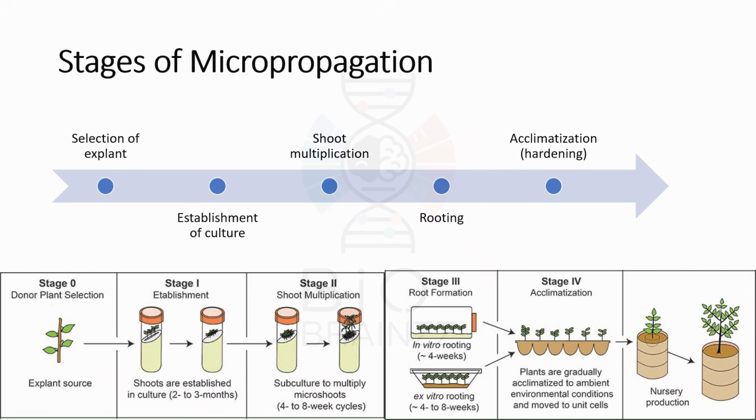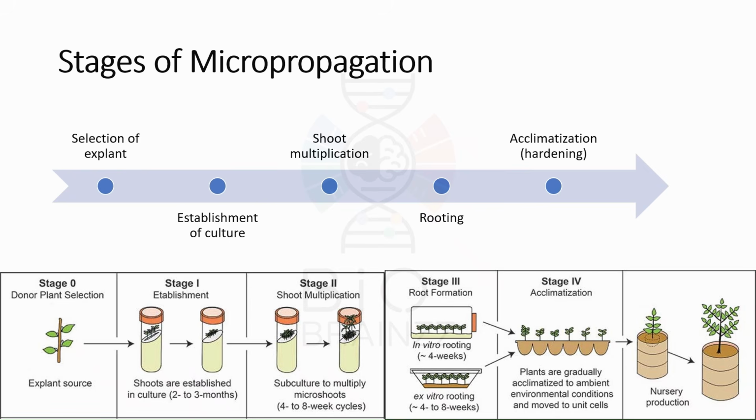The process of micropropagation is usually divided into five stages. First is selection of the explant, choosing healthy, disease-free source material. Second is establishment of the culture, where the explant is sterilized and placed on a medium. Third is shoot multiplication, achieved by manipulating cytokinin level.